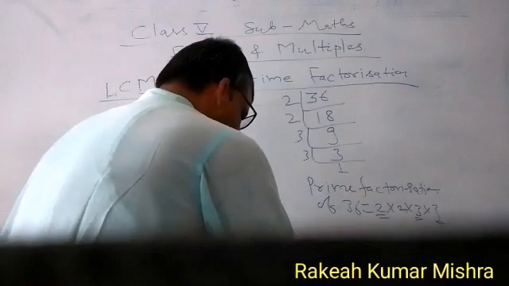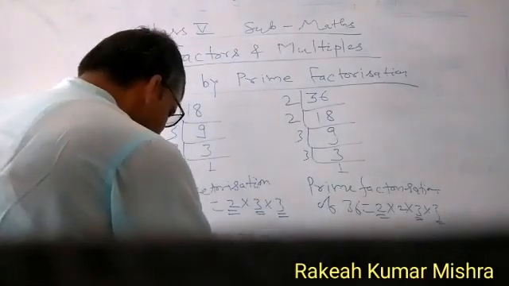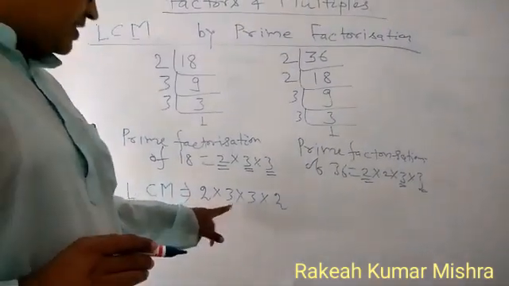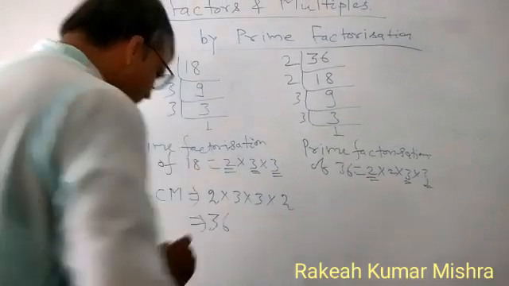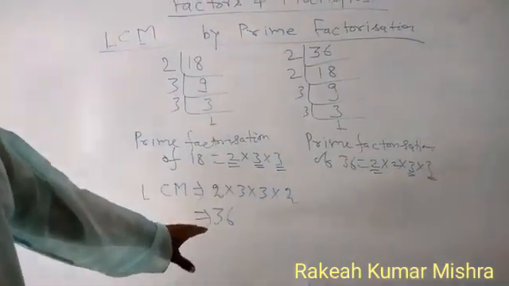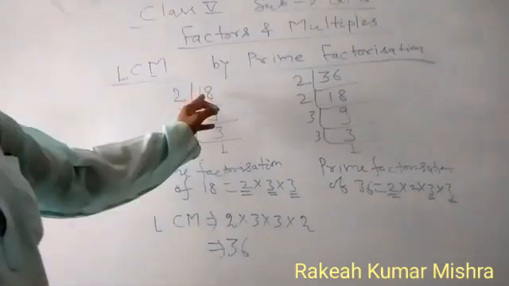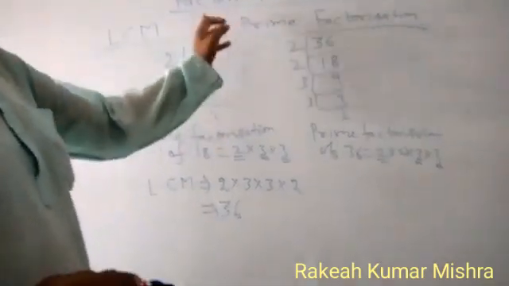So we write here 2. Then the answer will be 2 threes are 6, 6 threes are 18, 18 twos are 36. It means 36 is LCM of 18 and 36 by prime factorization.